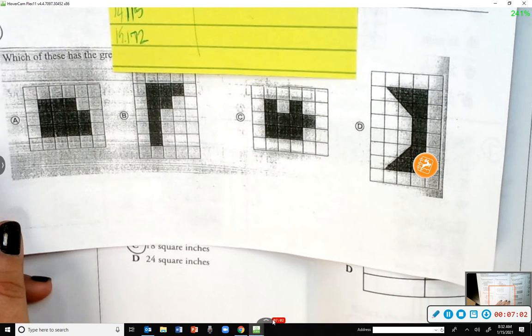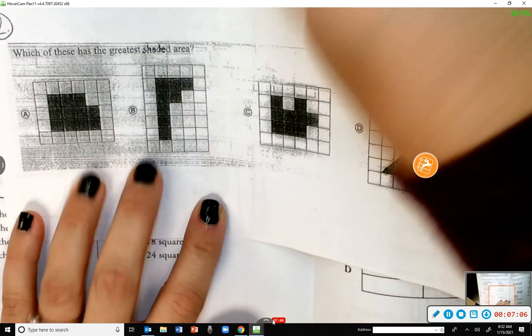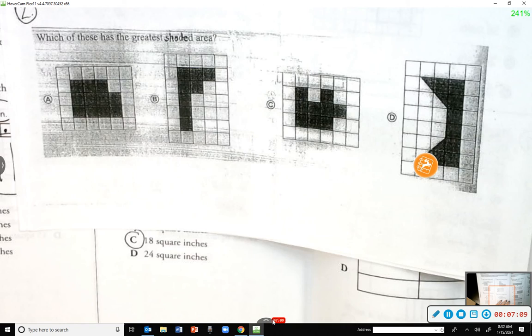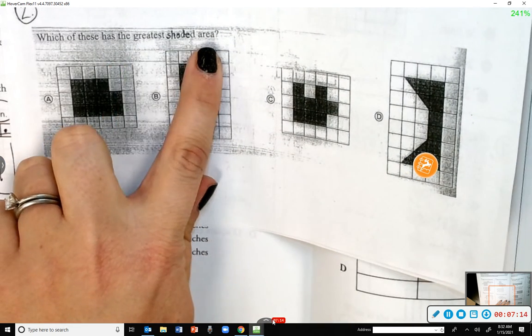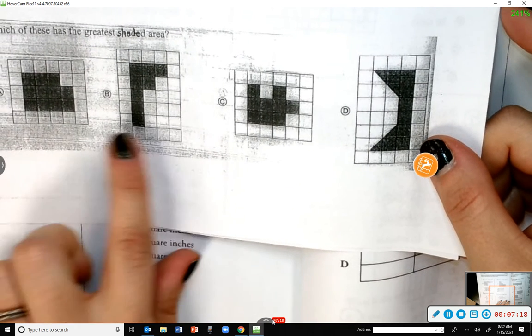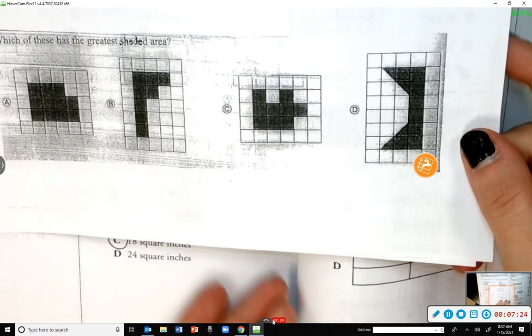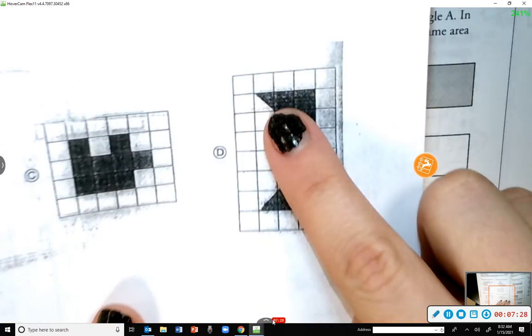So everybody look right here. Number 2 says, which of these has the greatest shaded area? Okay? So what are you going to do on each of these answer choices? Aaliyah? Count the inside. Okay, but I get to this one and I see some that aren't full squares.